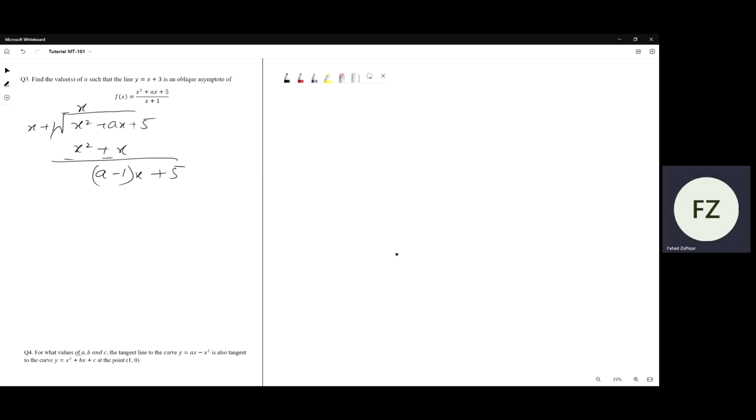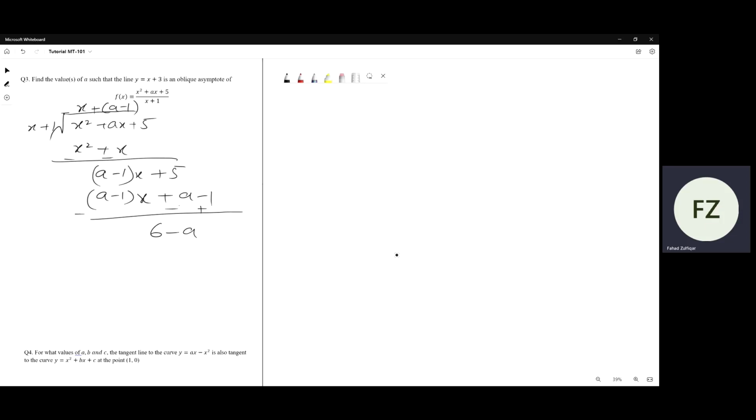So multiplying x plus 1 with a minus 1, we'll be left with a minus 1 into x plus a minus 1. If we subtract this, we'll be just left with 6 minus a.